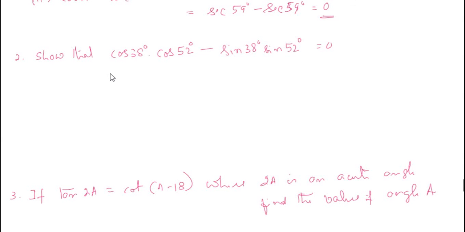Show that cos 38 into cos 52 minus sin 38 into sin 52 equal to 0.